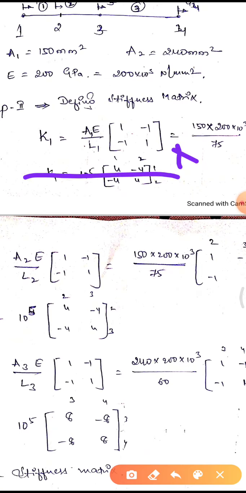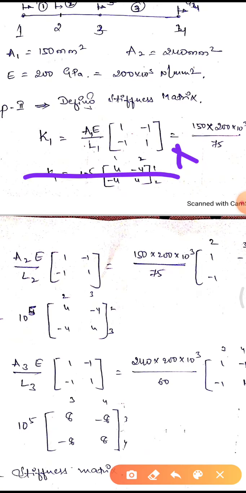This is second row, second column, that is nothing but 4 plus 4. How has it come, we will see now. The second row, second column, if you go here in the first K1 matrix, you can see we have the second row and this is our second column, this is nothing but 4.